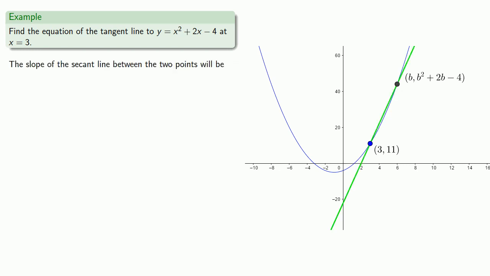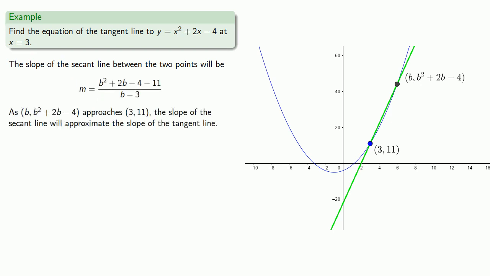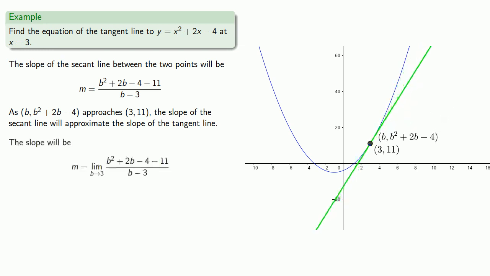So now we have 2 points, and we can compute the slope of the secant line between the 2 points. And as our second point approaches the first, the slope of the secant line will approximate the slope of the tangent line. So that says we should take a limit.